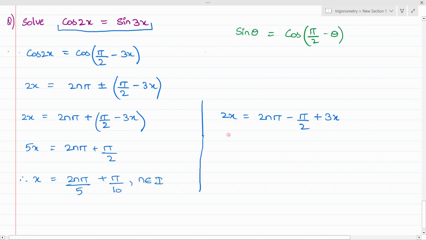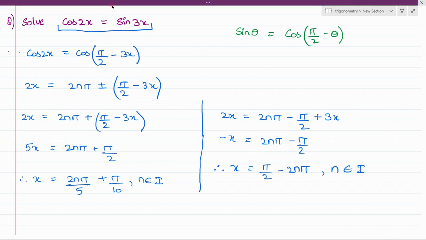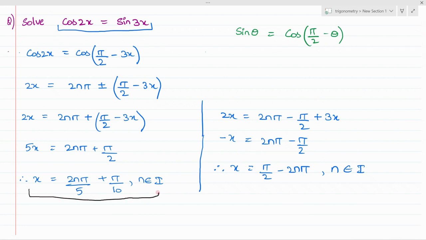Similarly, solve here. You'll get minus x is equal to 2n pi minus pi by 2. So x is nothing but minus 2n pi, that is pi by 2 minus 2n pi, and n belongs to all the integers. So these are the two general solutions for the given equation.